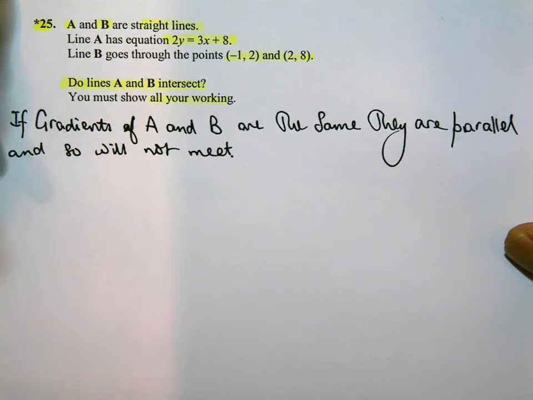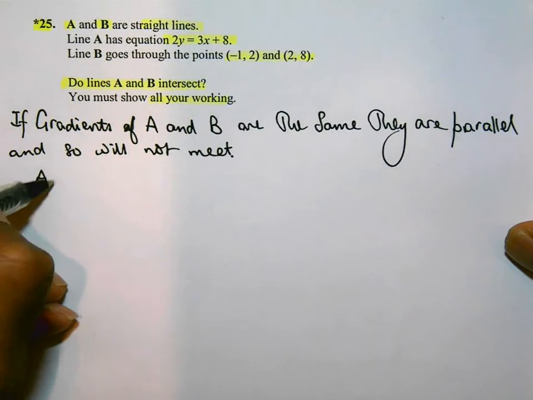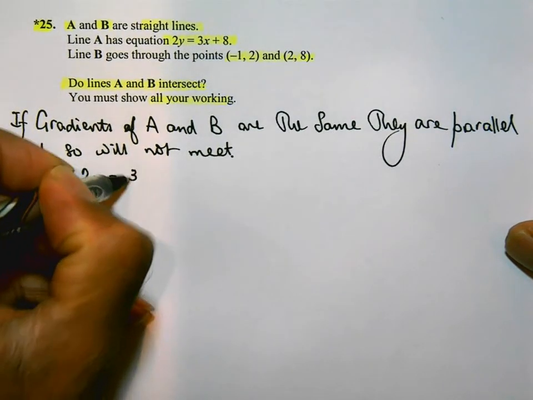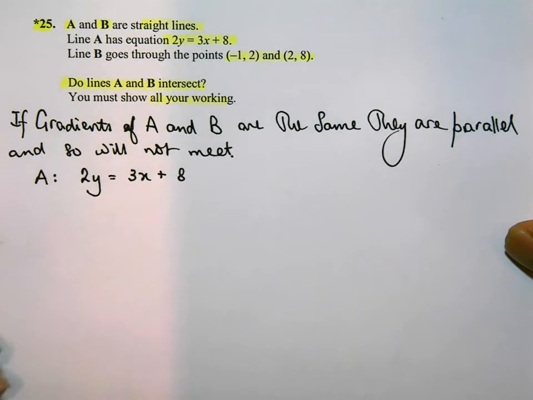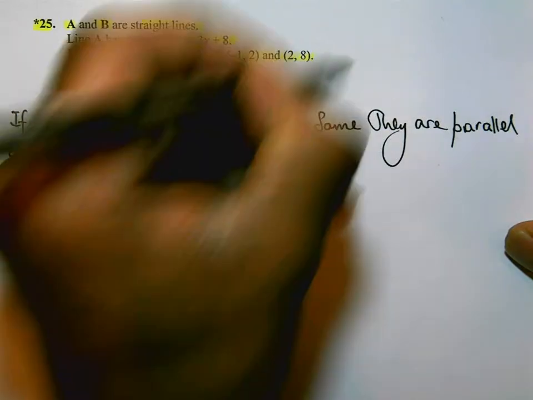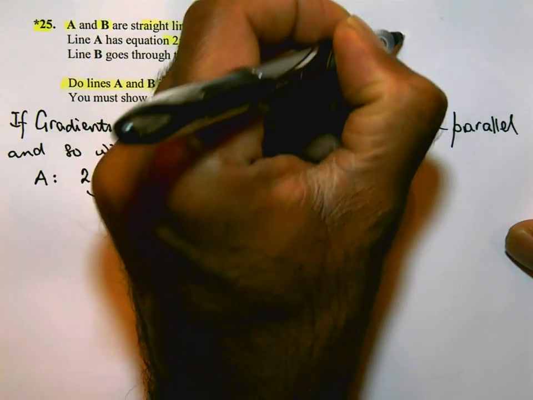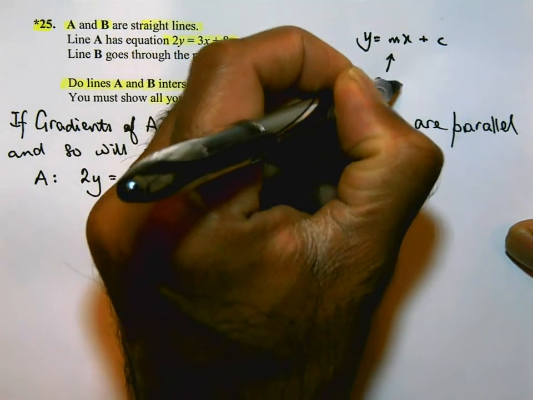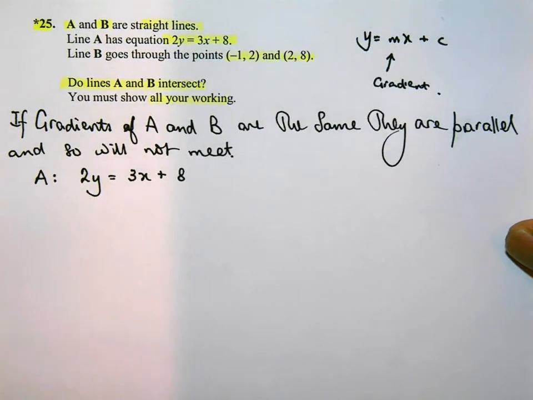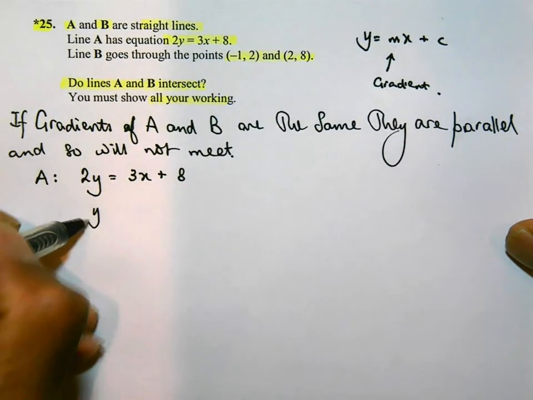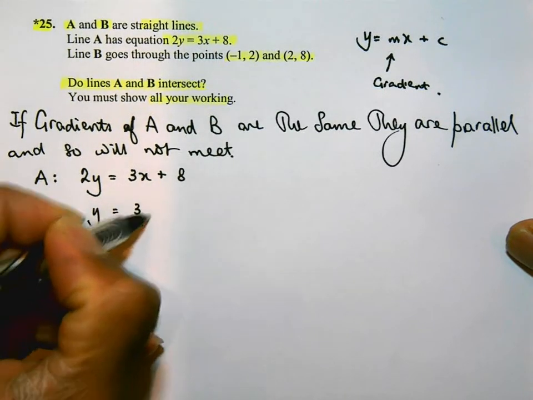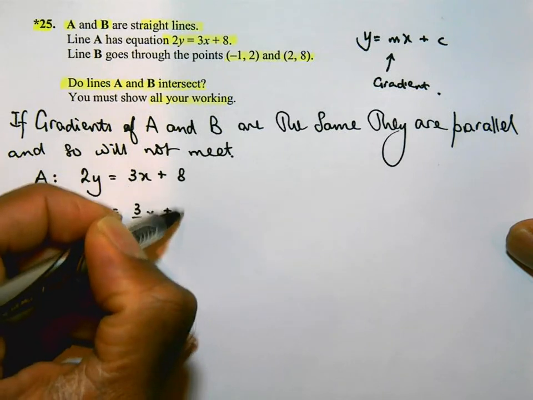So for A, the equation of the line is 2y is equal to 3x plus 8. Now, if I put it in the form y is equal to mx plus c, where m is the gradient, and I do that by dividing by 2, I'll get y is equal to 3 over 2x plus 8 divided by 2, which is 4.